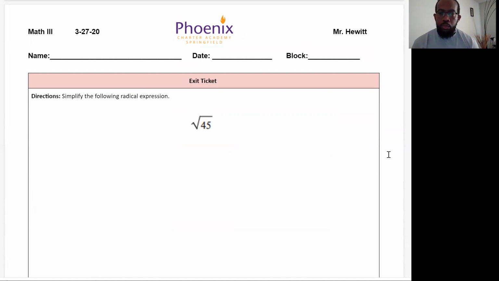Now, for those of you who are having trouble with Google Classroom, with the document feature there, you can do the work on paper, lined paper or printer paper is fine. And you can then upload a picture, after taking a picture, upload the picture to Google Classroom. That way you can submit your assignment, okay?